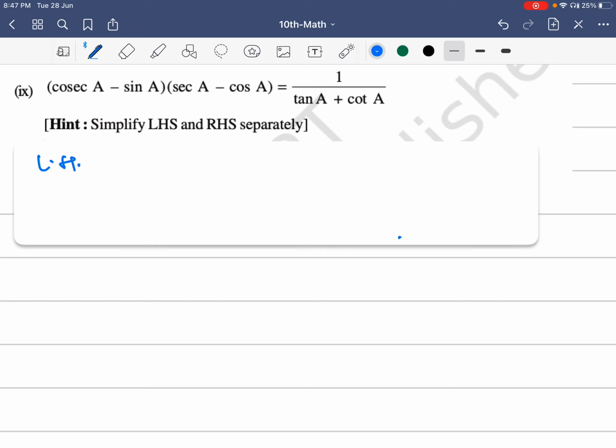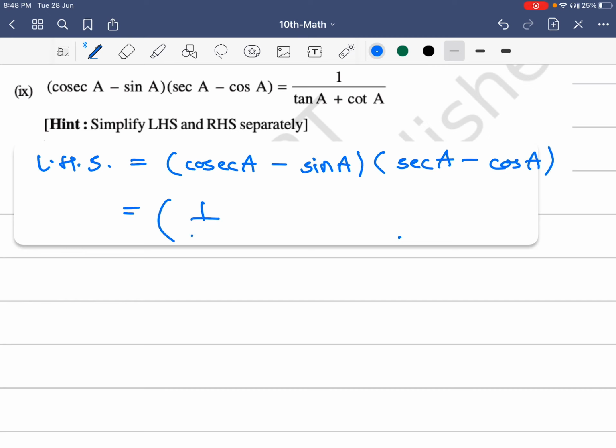LHS is equal to, let's note down the given question, (cosec A minus sin A) into (sec A minus cos A). Again, first let's convert everything into sine and cos, that is our strategy, and this is going to be (1 upon sin A minus sin A) into (1 upon cos A minus cos A).